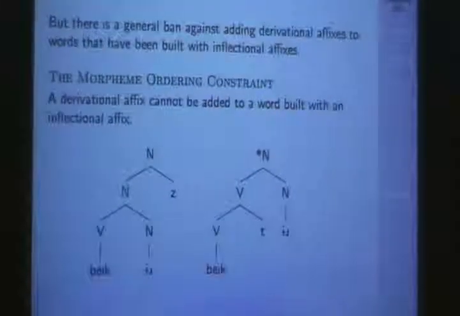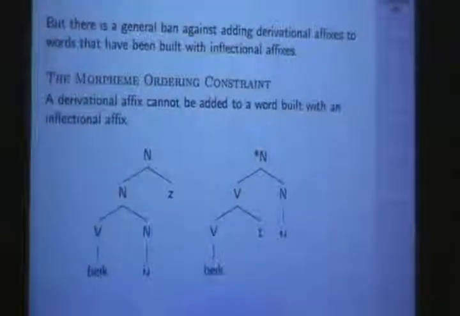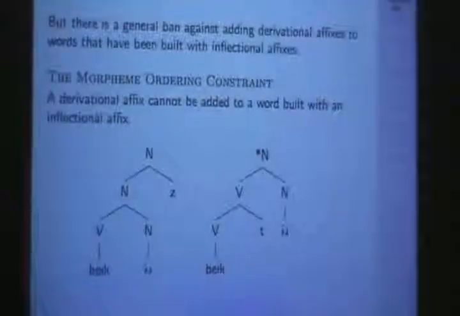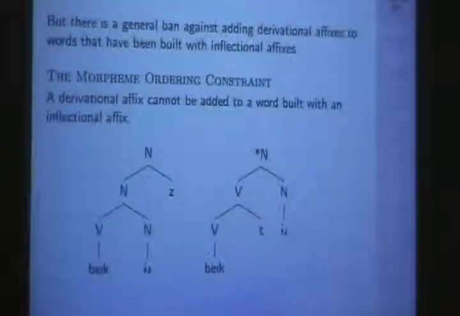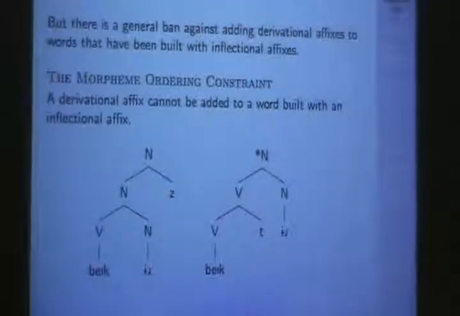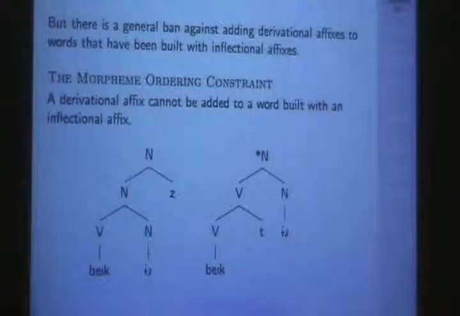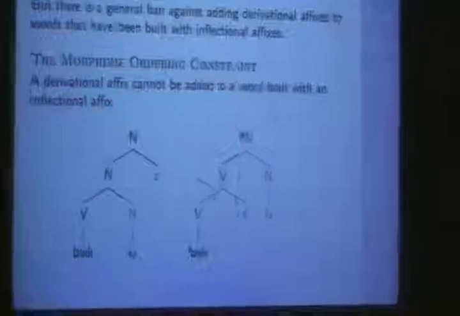Okay? Da turns into ta for the reasons that we saw a couple of weeks ago, to make the past tense verb baked. I can't then take this verb, baked, and add -er onto it. I can add it onto bake, but not onto its past tense form. Bakeder is not a word. Clear?